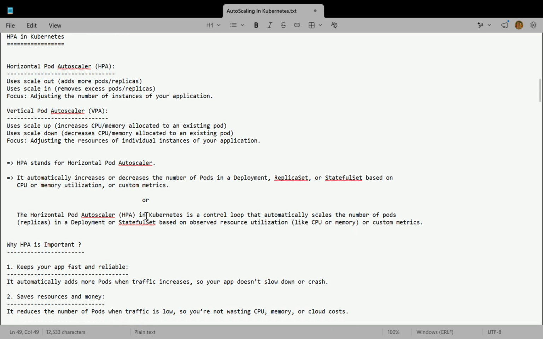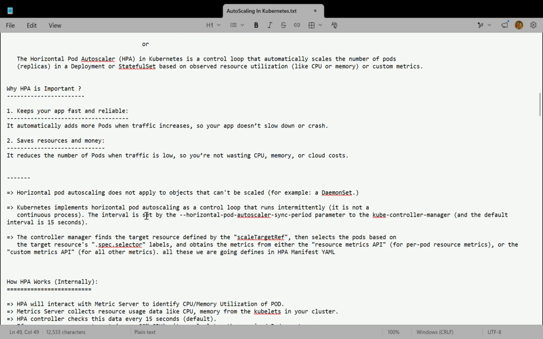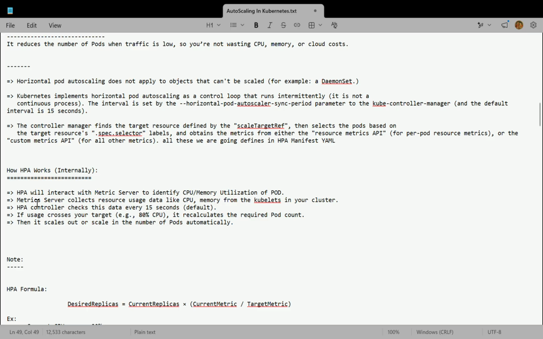How does it work? HPA works based on metrics. HPA will interact with the metrics server to identify the CPU and memory utilization of pods. The metrics server collects the resources from the kubelets in the cluster. Is the kubelet present on the master node or the worker node? It's present on the worker node, right?